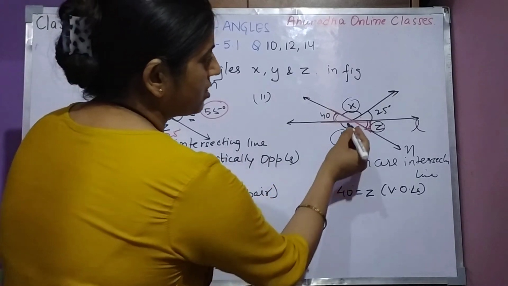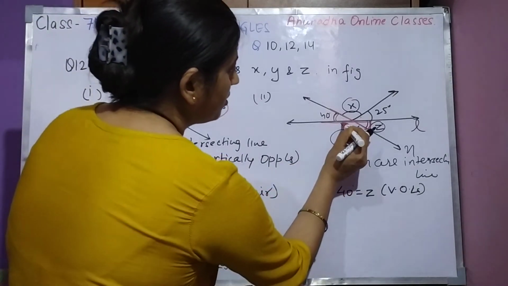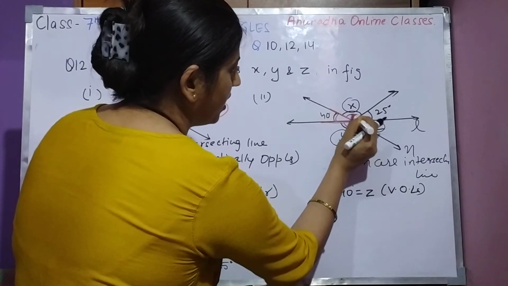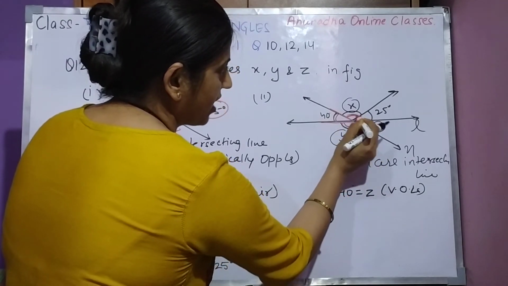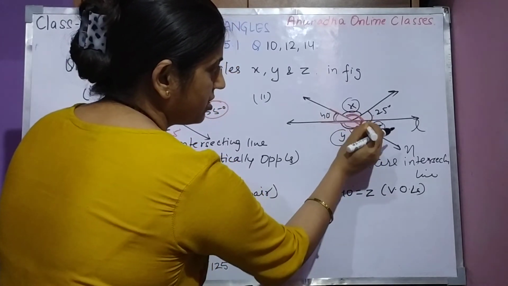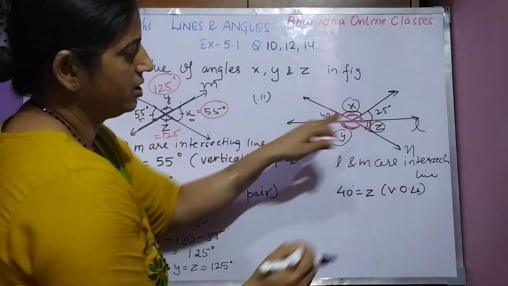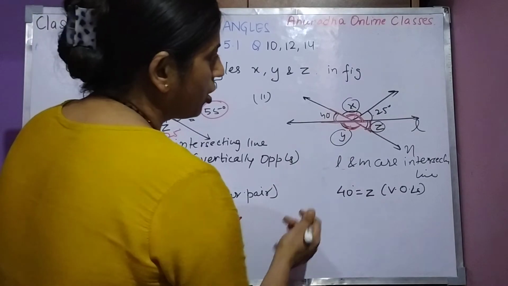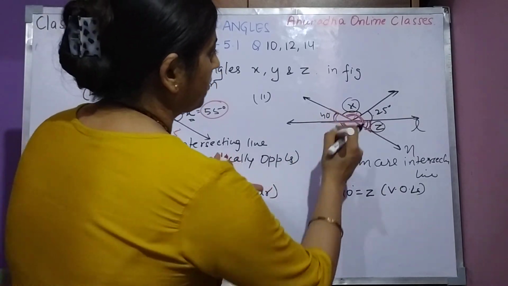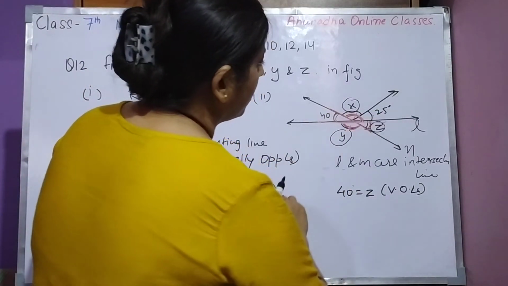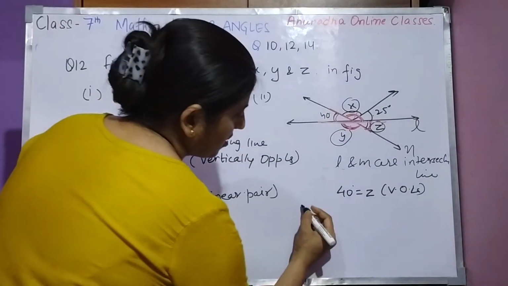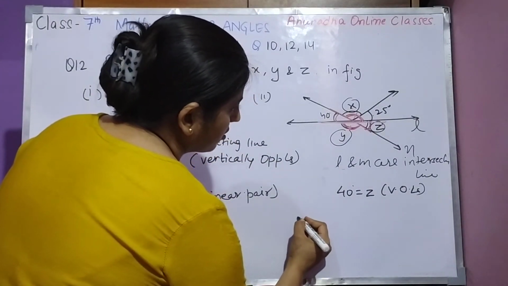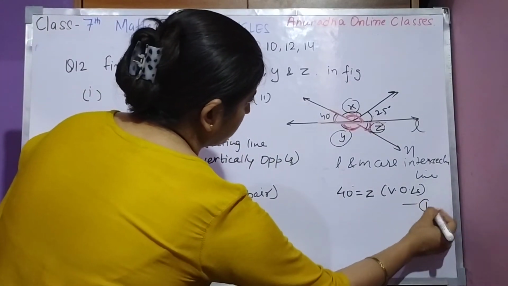One more thing you can see, this one and this complete, x plus 25, right? This is again a vertically opposite angle. Or you can do this one as a linear pair also. Then you can write, this is the first one.